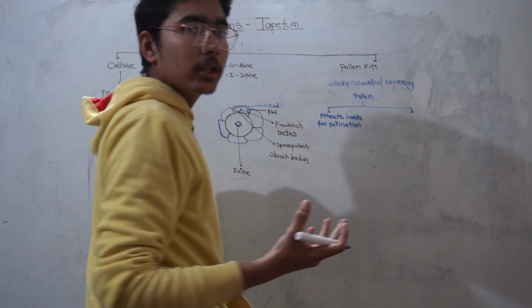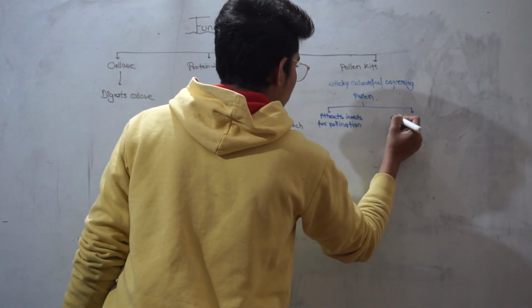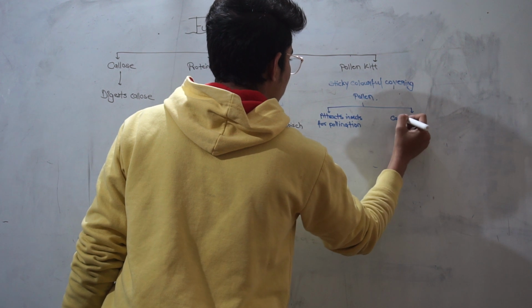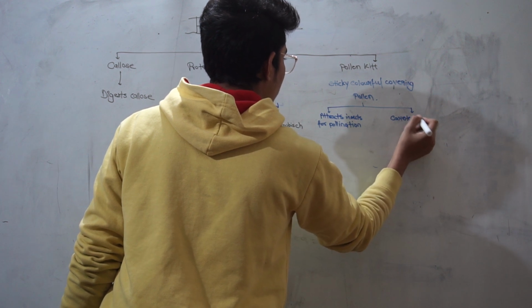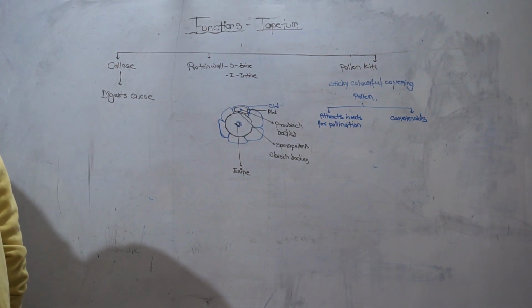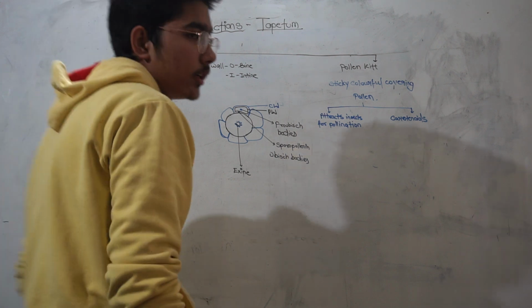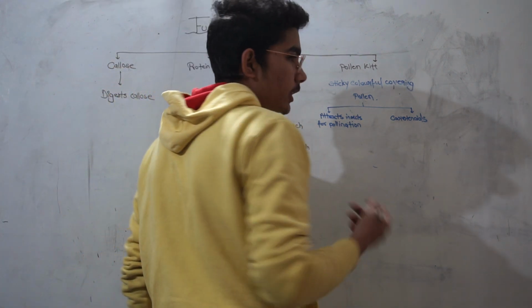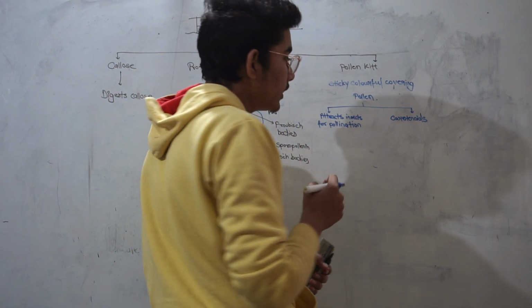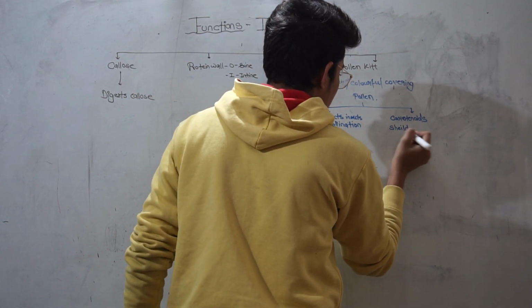They are light colored due to the presence of the pigment carotenoid. It acts as a shield pigment, a protecting pigment.